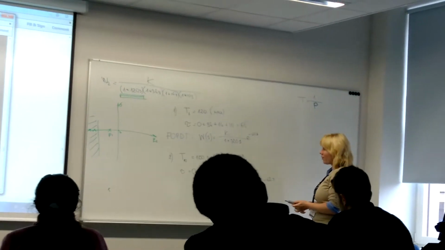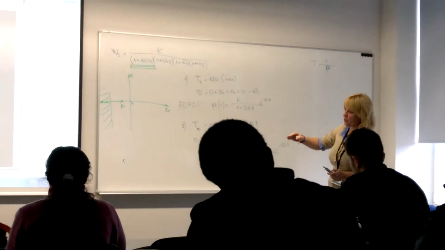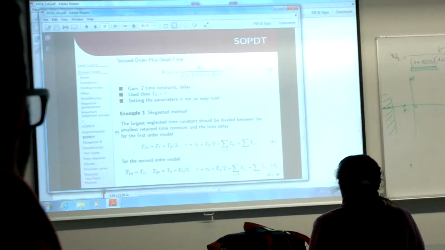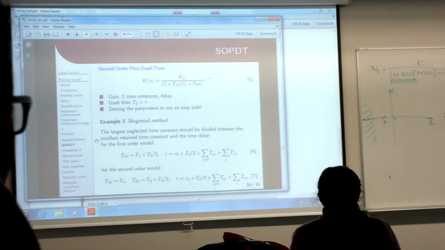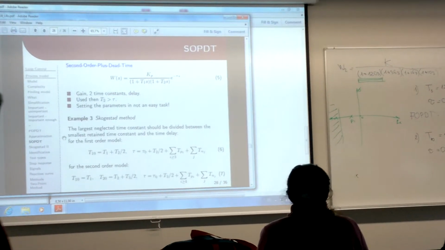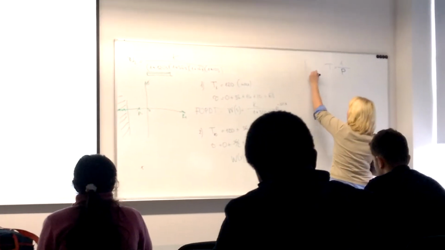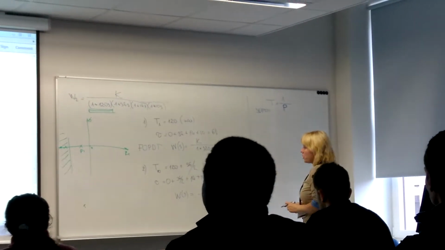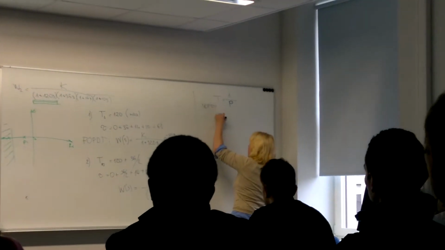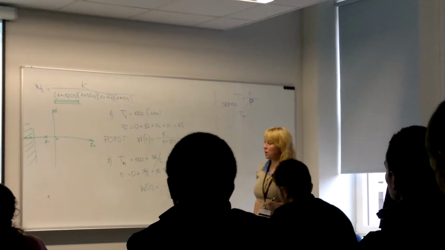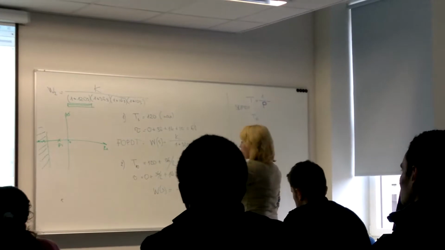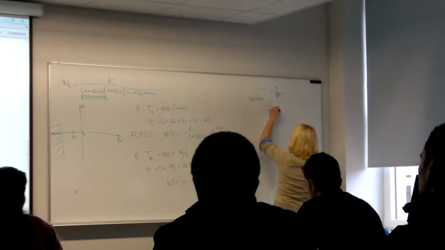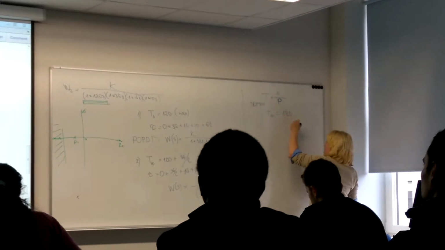But for that case, just once, let's try to find out the second order plus dead time in order to understand how we should deal with that. So in that case, second order plus dead time, first of all, let's find the first time constant. It will be equal to the maximal one. So it remains 120.